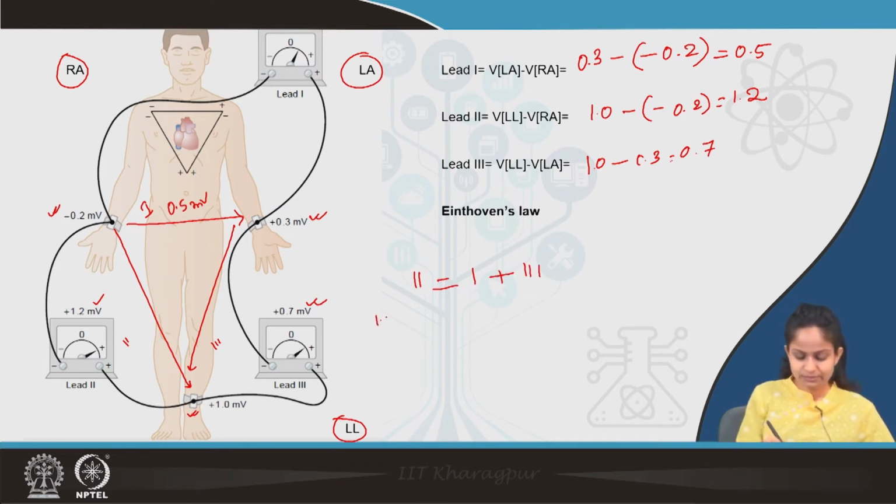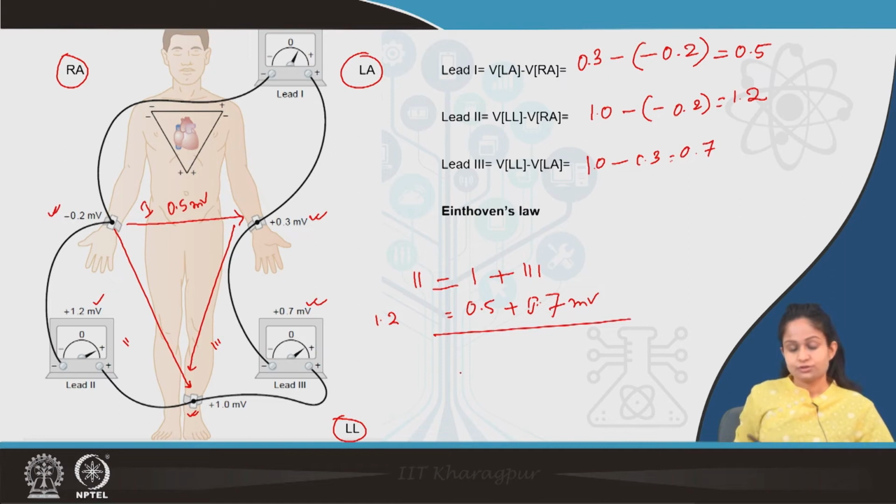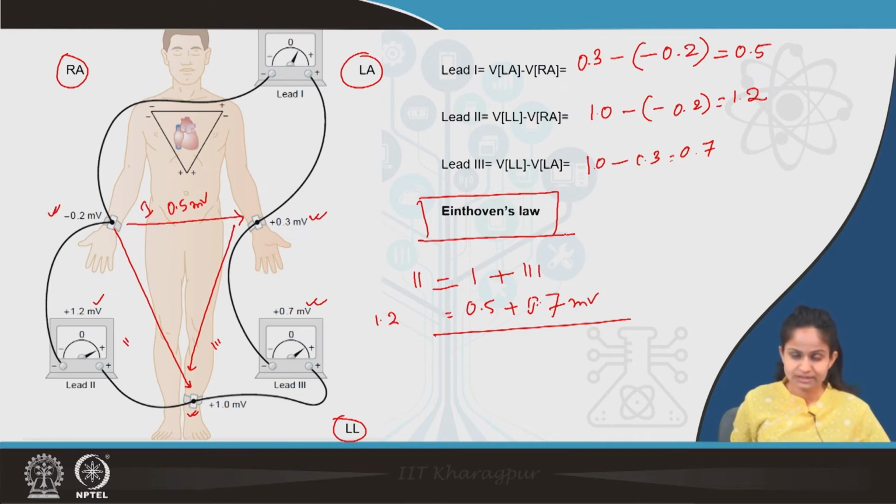Lead 2 is 1.2 millivolt, lead 1 is 0.5 and lead 3 is 0.7 millivolt. This is your Einthoven's law. That means the vectorial summation of the voltage or the potential difference of lead 1 and lead 3 is equal to the lead 2 voltage.